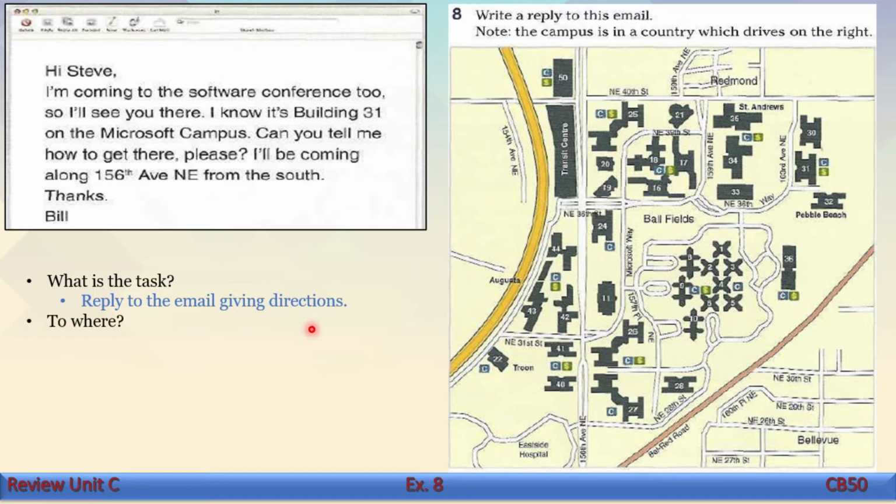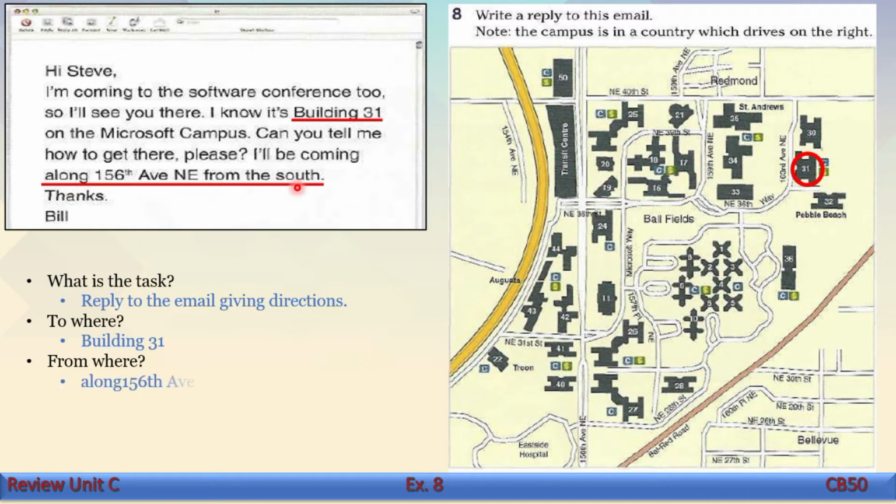Directions to where? To building 31. And where is building 31 on the map? It is here. Right. So from where? From along 156 Ave NE from the south.